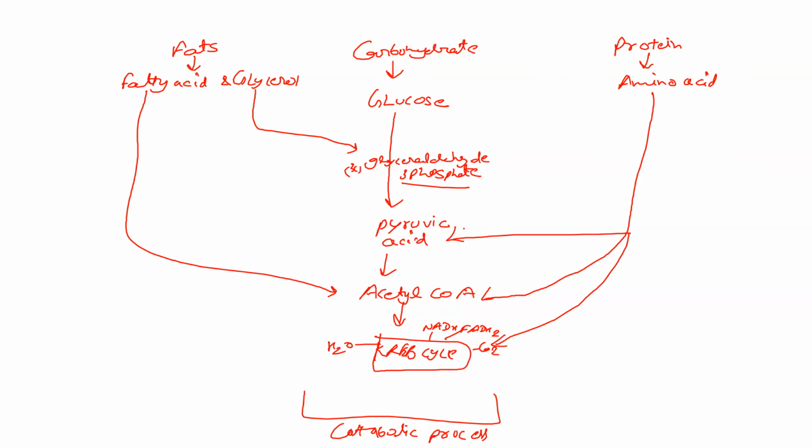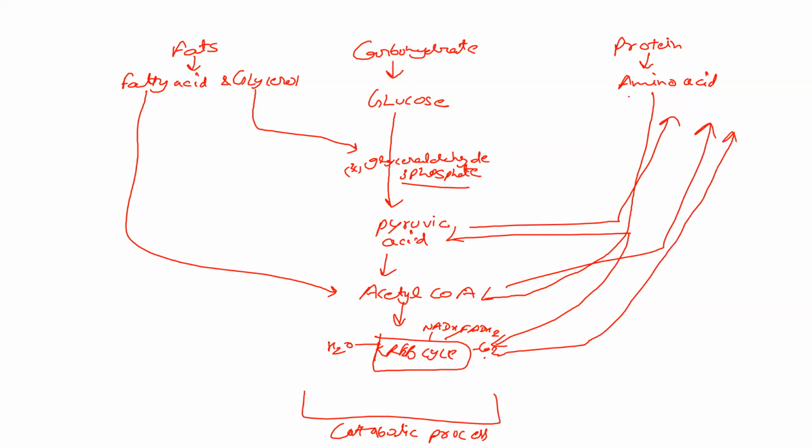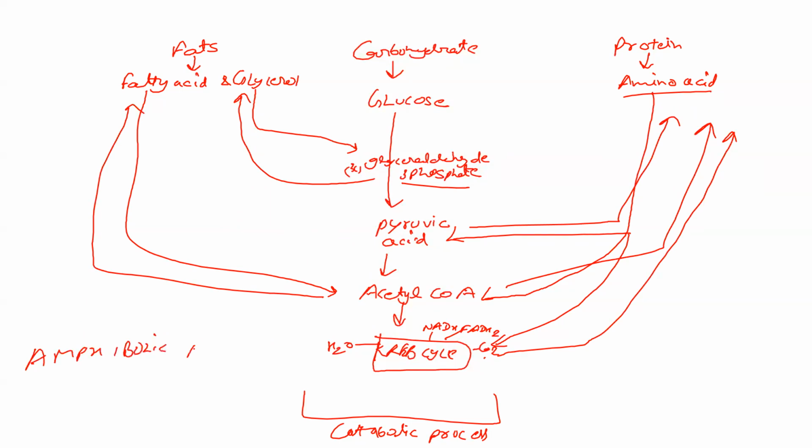But when the body needs amino acid to produce protein, at that time pyruvic acid, acetyl coenzyme A, and the Krebs cycle intermediates can form amino acid also. Same with fatty acid and glycerol. Acetyl coenzyme A converts into fatty acid. Glyceraldehyde 3-phosphate converts into glycerol. So this is called amphibolic pathway.